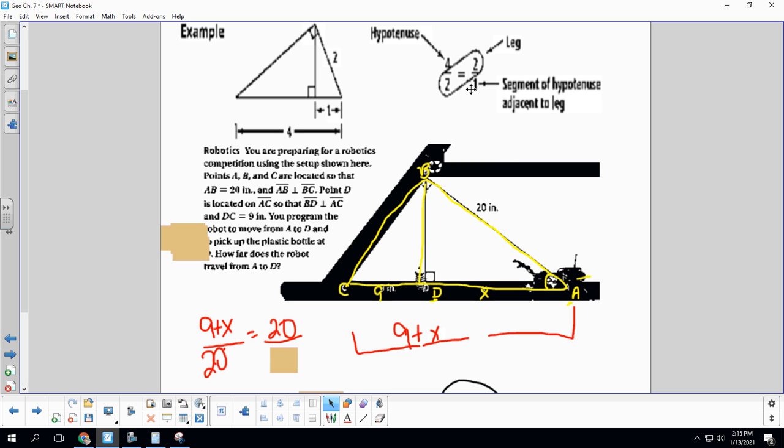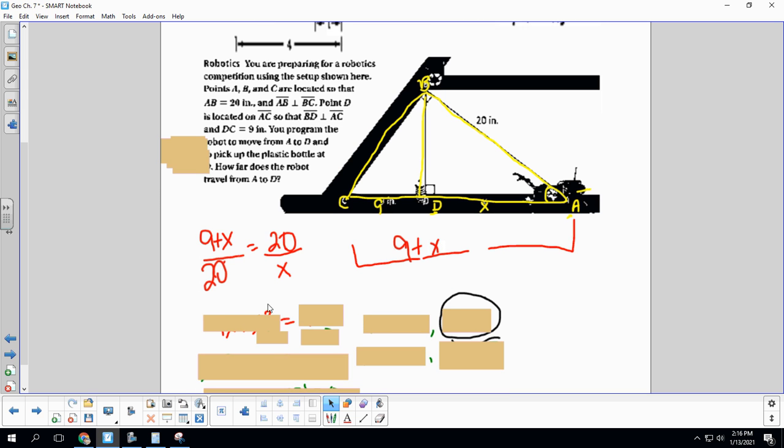And then our little piece, if you look orientation-wise, it's this piece here, and we don't know how little or big it is. It's just x. Okay, so we're going to cross multiply, and we get 9 times x plus x squared equals 20 times 20.